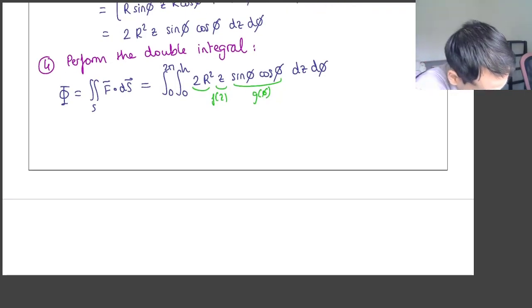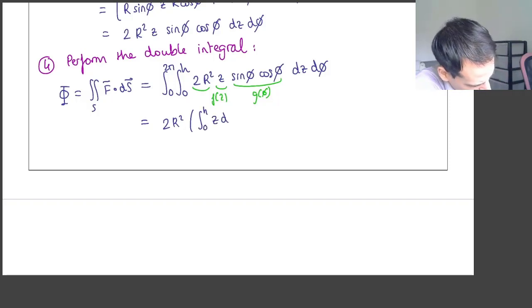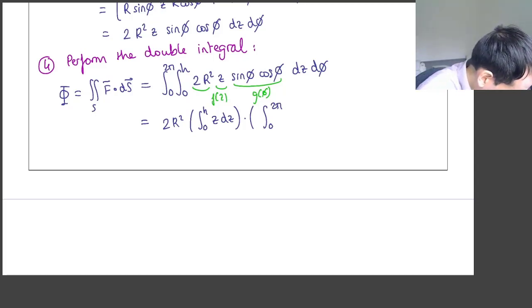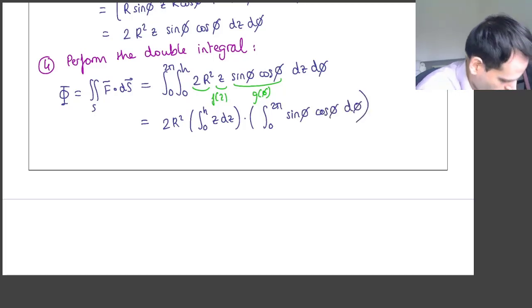They are multiplying each other, so we can apply separation of integrals, and we can take this constant outside. So you get that this is equal to 2r squared times the integral from 0 to h of z dz times the integral from 0 to 2 pi of sine phi cosine phi d phi. Okay?